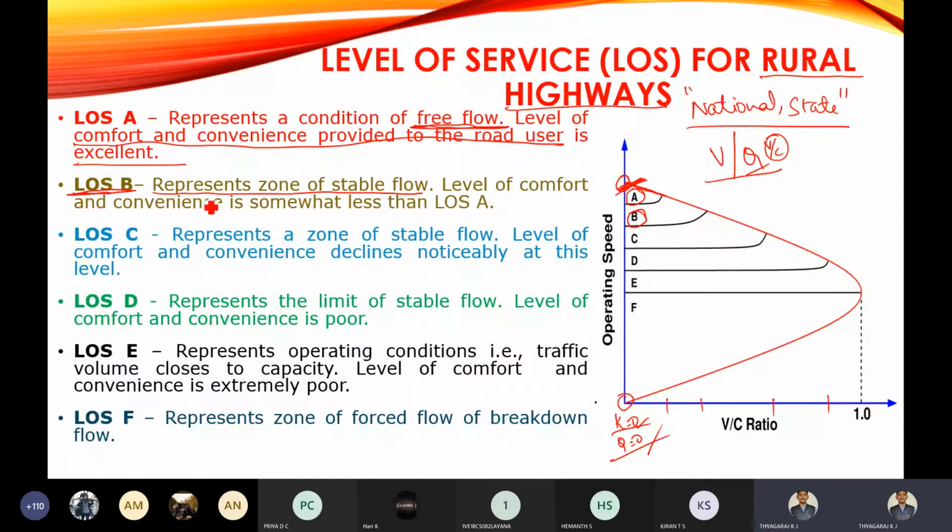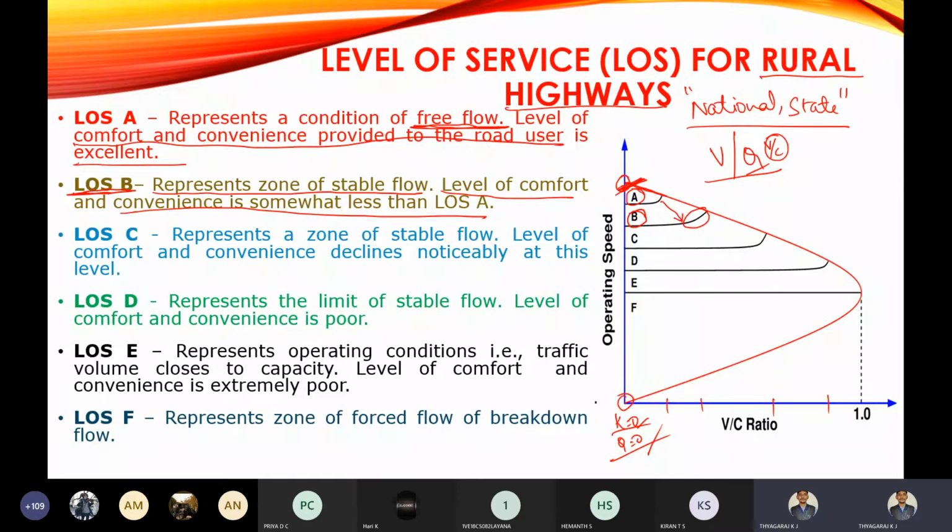Then the level of comfort and convenience is somewhat less than level of service A. You can see here the line has declined. That is, the comfort and convenience keeps on reducing as the number of vehicles increases on the road. Why?